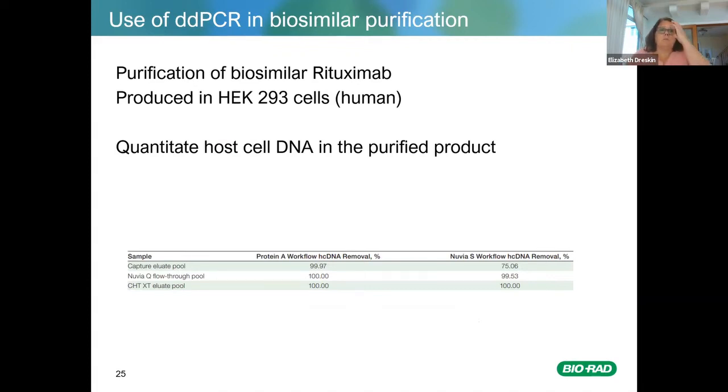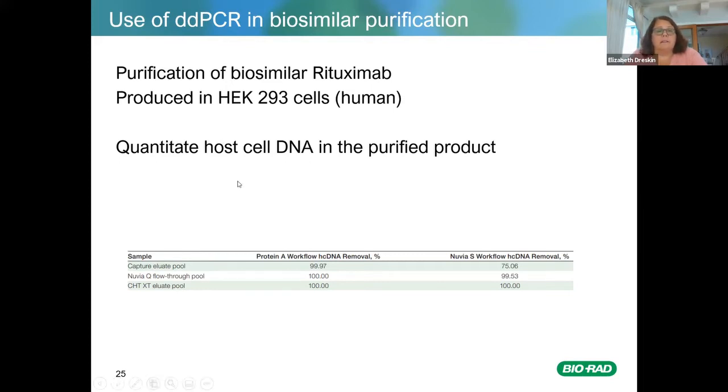A biosimilar can be made when that drug comes off patent. So it's quite popular in biopharma and biotech. And these biosimilars are produced in different cells. In this case, ours was produced in a human cell line. They're often also produced in CHO or E.